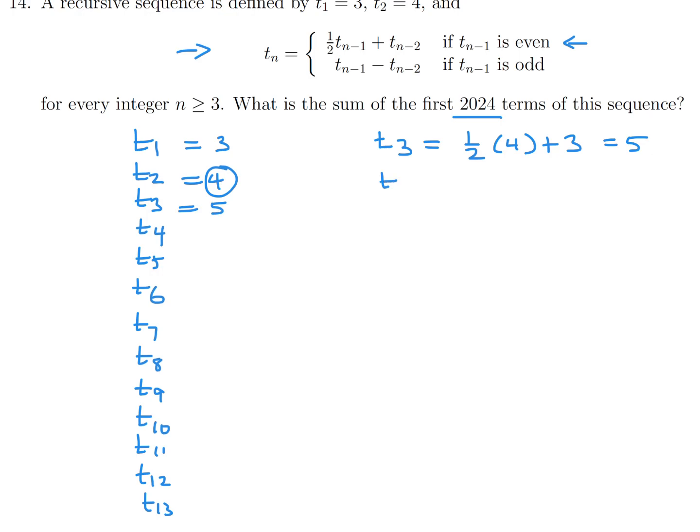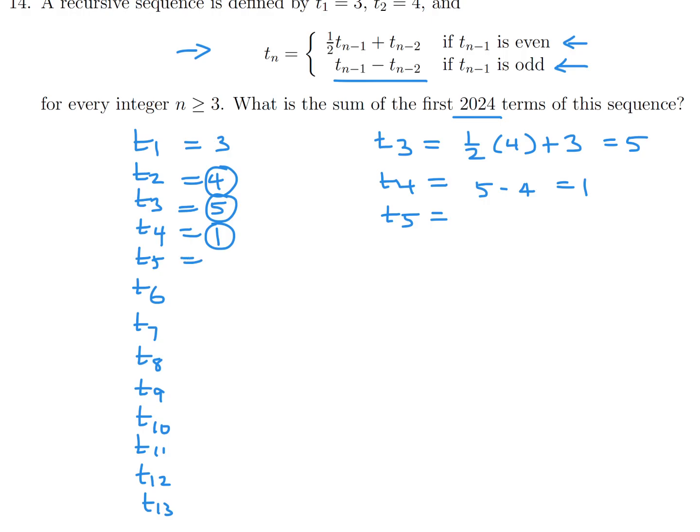Okay, here we go, T4. We look at the previous term, which is a 5, and this time it's this formula. So that would be 5 minus 4, which is 1. See what I mean? I'm just using the recursive formula here. So T5 is going to be, well, this is odd, so we're going to use the second formula.